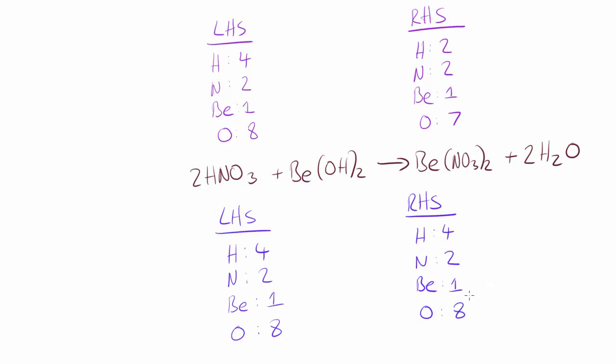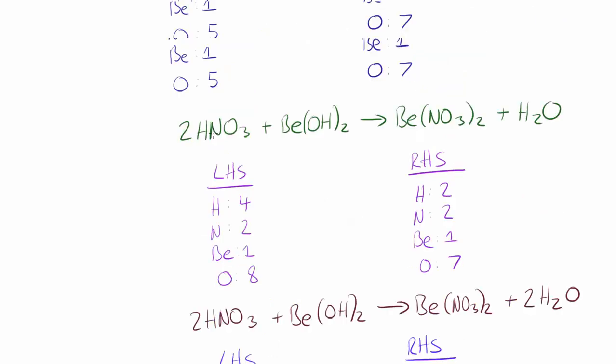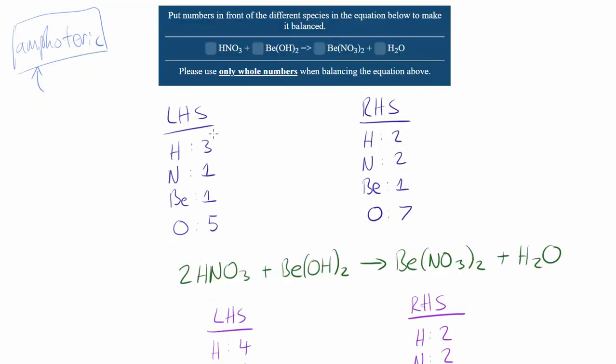And if we now compare the left hand side and the right hand side, what do we see? Well, we see that H is balanced, N is balanced, Be is balanced, oxygen is also balanced. So yeah, we've got a balanced equation now. And we've also adhered to the requirement of only using whole numbers, right?